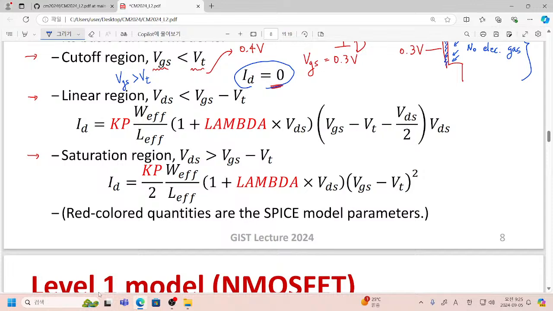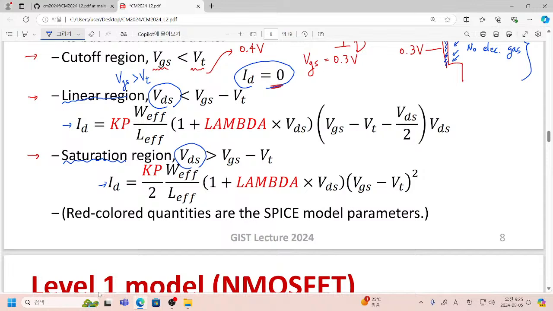Even in this case, we have two different conditions depending on the drain voltage. If we have a relatively low drain voltage, we are in the linear region. And if we have a relatively high drain voltage, then we are in the saturation region, and their drain current expressions are shown here.